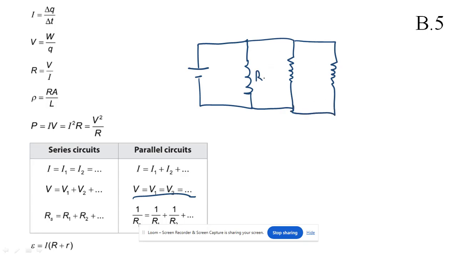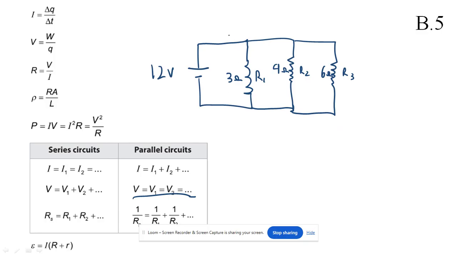Here's R1, R2, R3. Let's make this 12 volts. Let's make this 3 ohms, 4 ohms, 6 ohms. Let's just imagine, right?